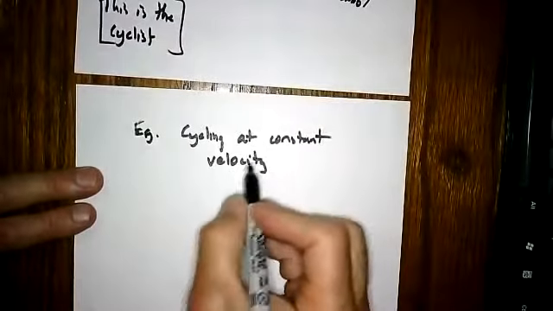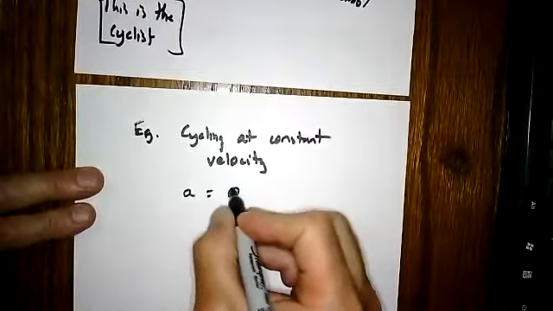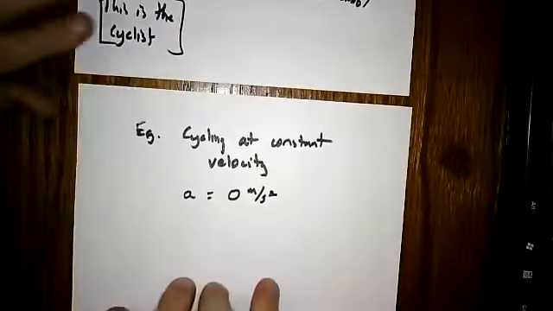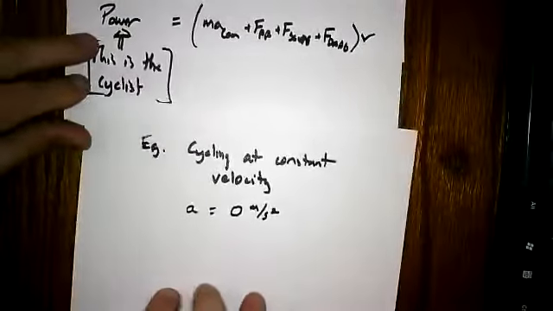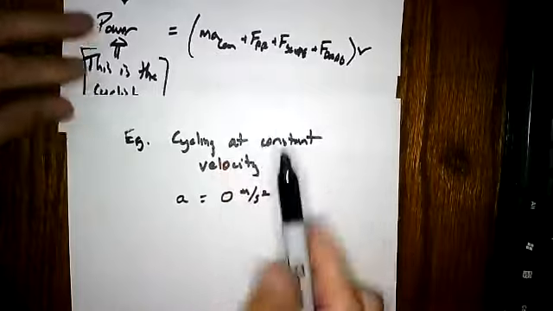If velocity is constant, then you know from your biomechanics, acceleration is 0 meters per second squared. That's a nice number, because if we take that 0 meters per second squared and put it into this equation, I can make this even simpler.